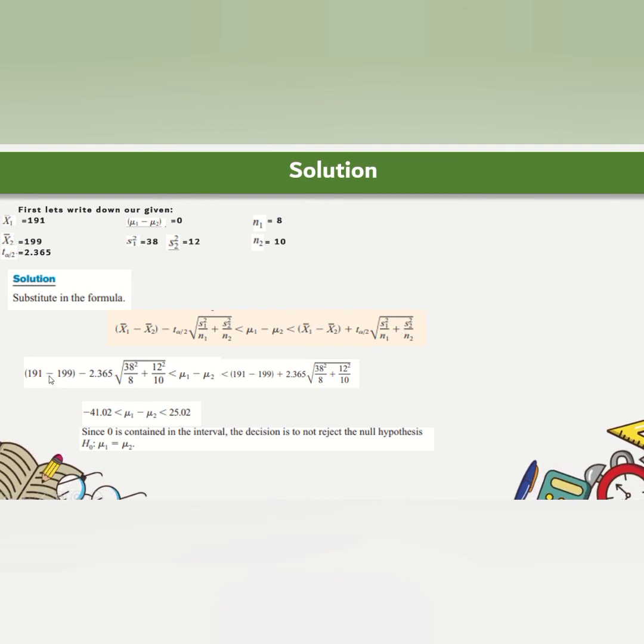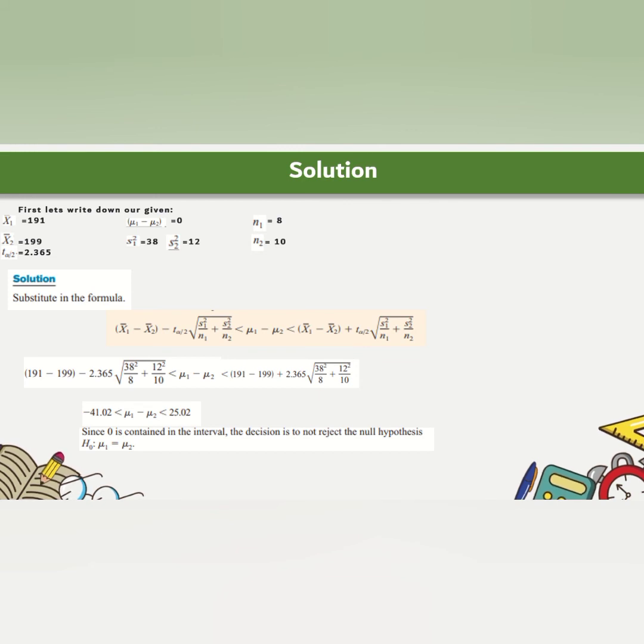Which is 191 minus 199 minus 2.365 times the square root of 38 squared over 8 plus 12 squared over 10, is less than population mean 1 minus population mean 2, is less than 191 minus 199 plus 2.365 times the square root of 38 squared over 8 plus 12 squared over 10, which is equal to negative 41.02 less than population mean 1 minus population mean 2 less than 25.02.